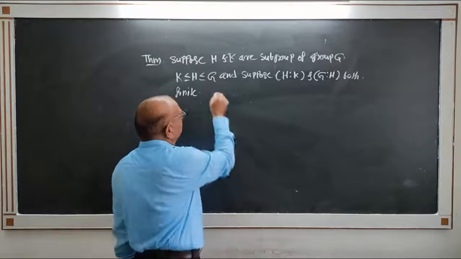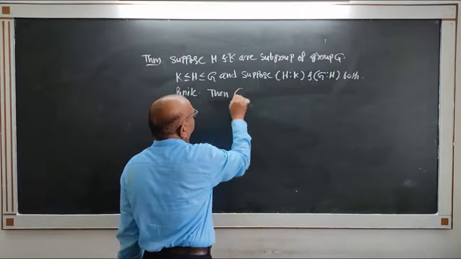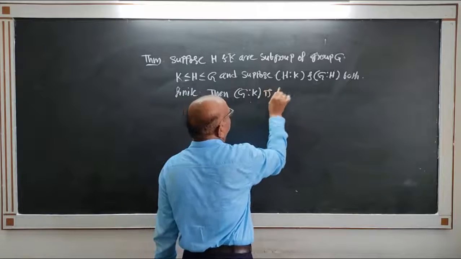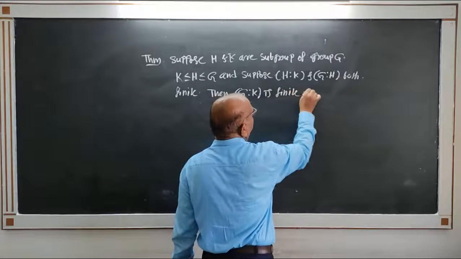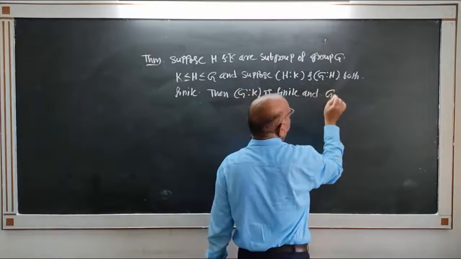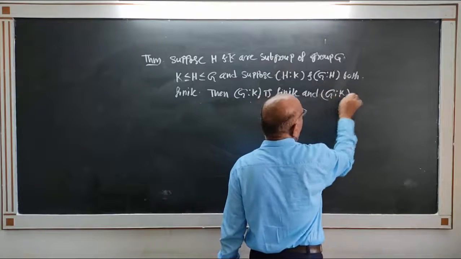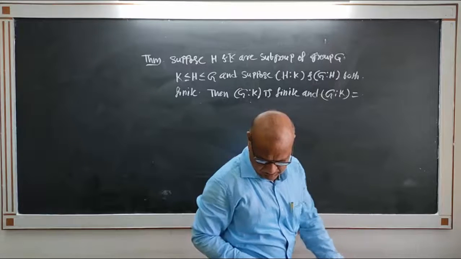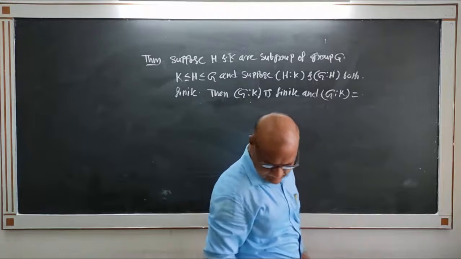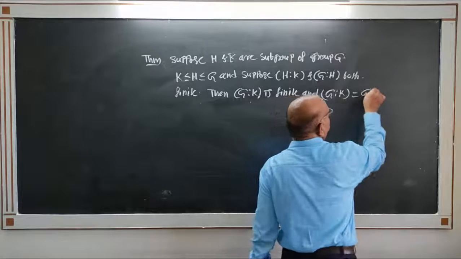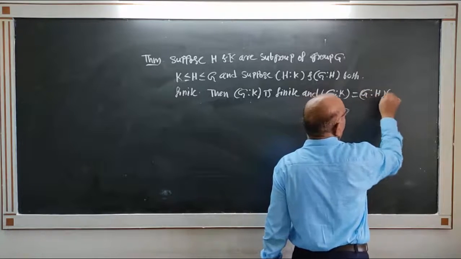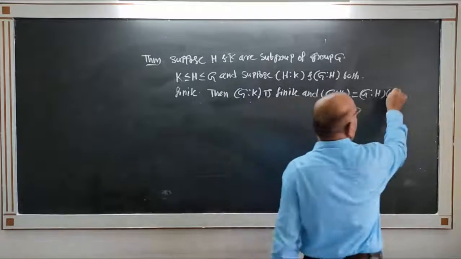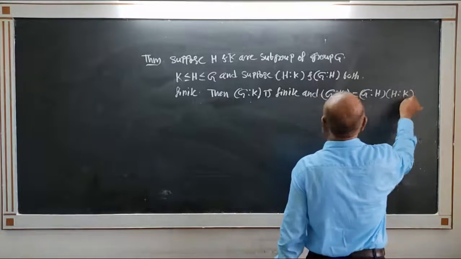Then G : K is finite and G : K is equal to G : H times H : K.